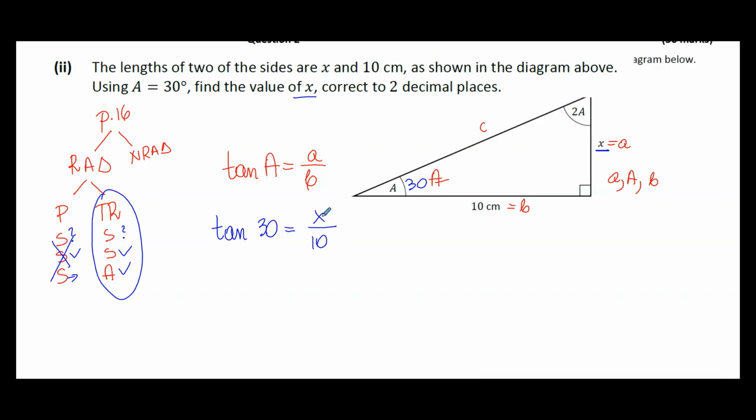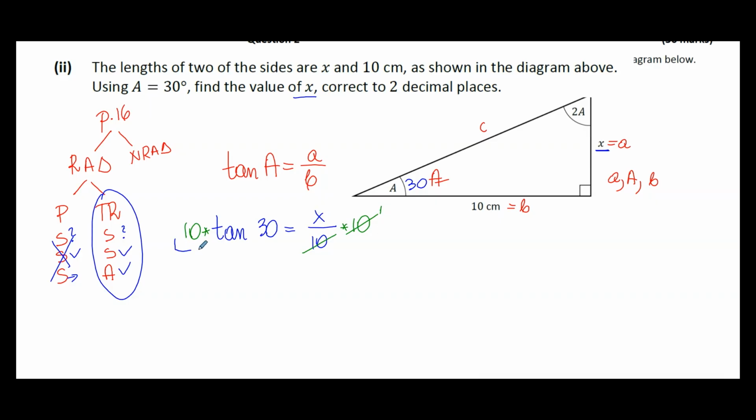Now, we want x, not x divided by 10. How do we get rid of that division, that denominator, the bottom of the fraction? Always the same, by multiplying both sides of the equation. Why do we multiply? Because 10 divided by 10, don't forget the fraction line means divide, is equal to 1. 1 multiplied by x is x.